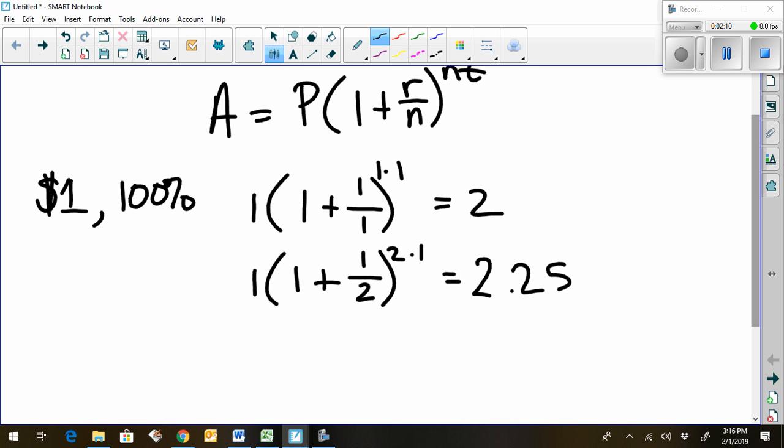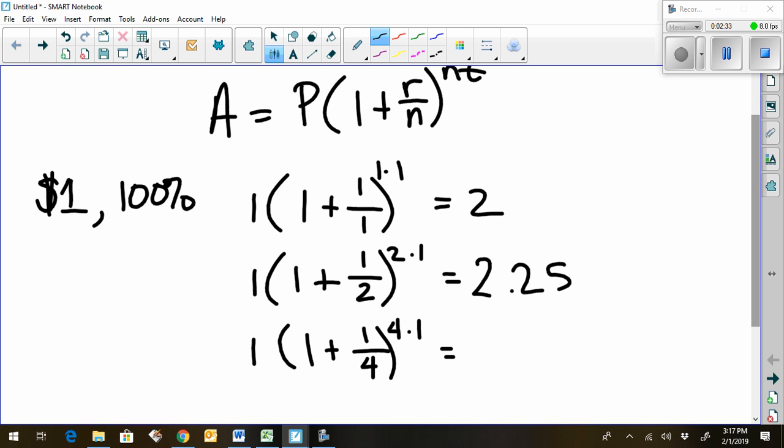All right, so that was semi-annually. Well, what if we went to quarterly? What would change? The end value would change. So we have $1. We get our investment back at 100%, compounded 4 times a year for 1 year.